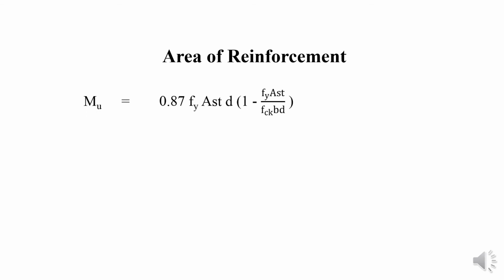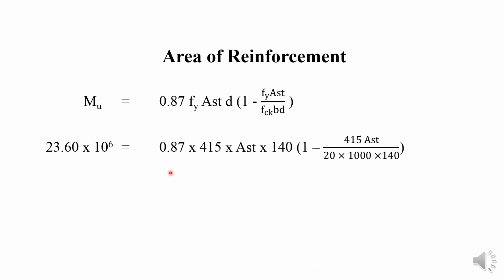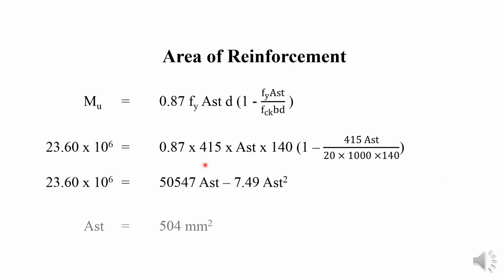So based on the moment and the depth, we have to design an area of steel reinforcement. As you know, Ast we have to find out using this relation. Mu is equal to 0.87 fy Ast into d, 1 minus Ast fy divided by fck into b into d. So substitute all the values here and simplify. Finally we will get a value of Ast is equal to 504 mm square.